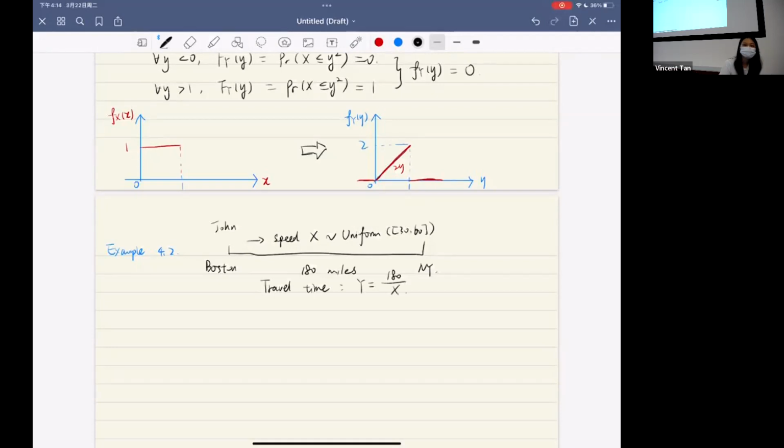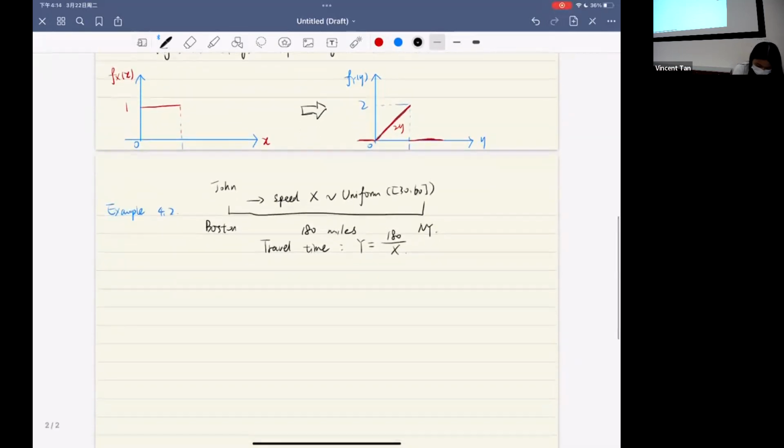So this is a simple calculation. And then we want to find out what's the PDF of y here. Still, similarly, we just follow the two-step approach. At step 1, we find out the CDF of y.